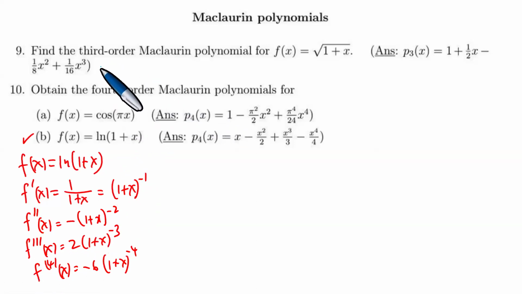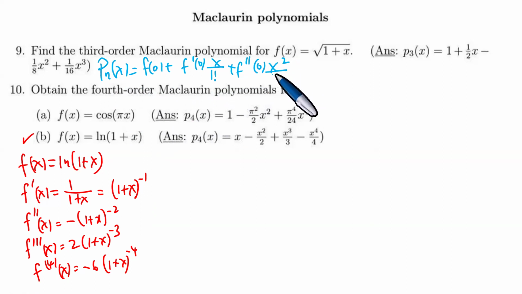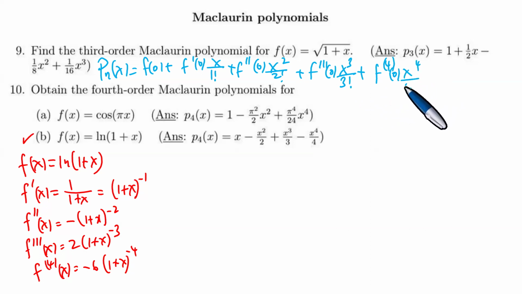But because we're dealing with Maclaurin, we need to use the formula. Pn of x is f of 0, f prime of 0, the second derivative of 0, the third derivative, which is f4 of 0, x to the power n over n factorial.